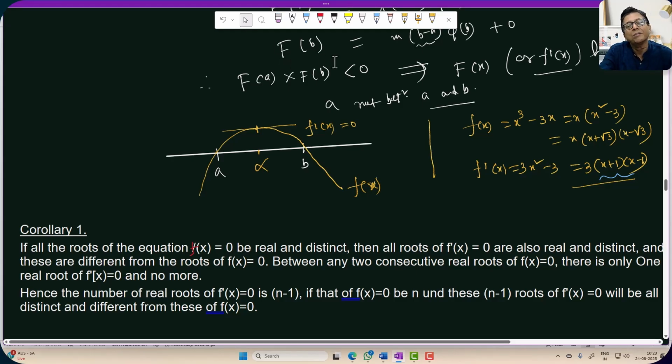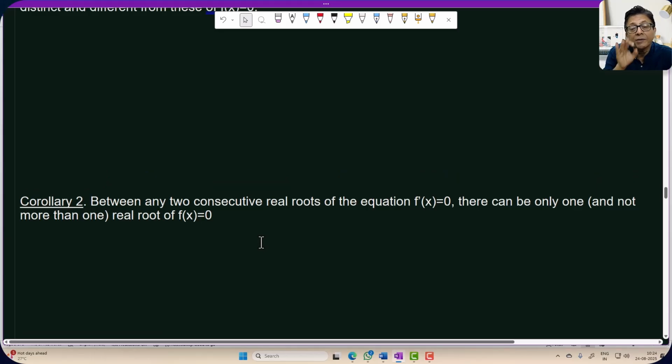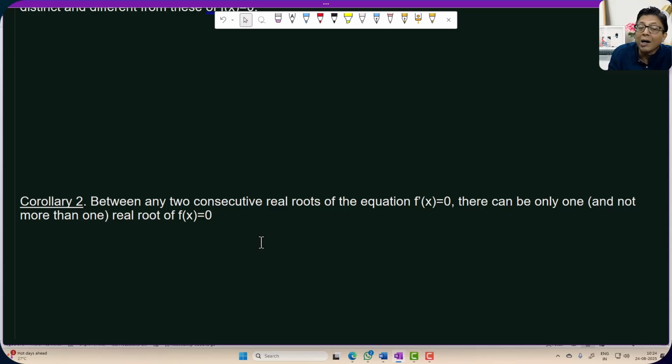Now one thing, in corollary 2 you try to learn that between any two consecutive real roots of f dash x equal to 0, there can be one and not more than one real root of f x equal to 0. How? Just see in the previous example, we got roots minus root 3, 0, root 3.